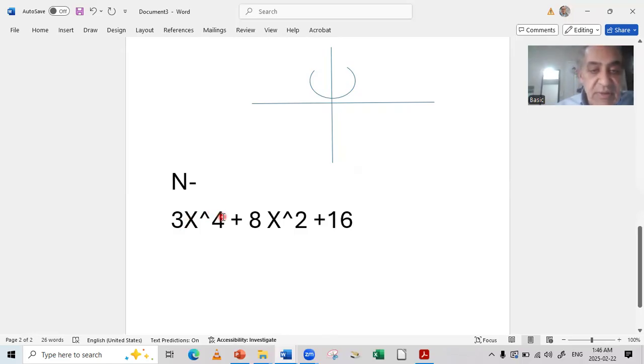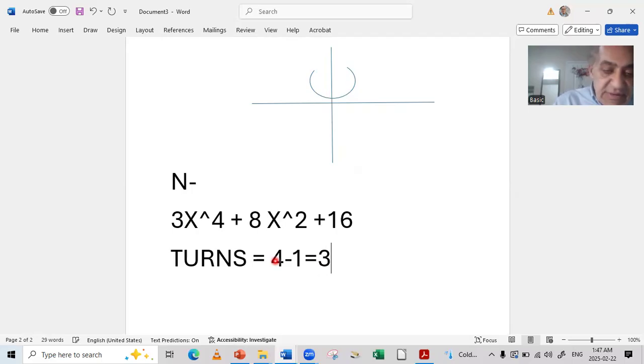So now, the power here is 4. So I will say the number of turns for that curve will equal, the degree here is 4, so it will be 4 minus 1. So I will have here 3 turns for this curve. 3 turns for this curve.